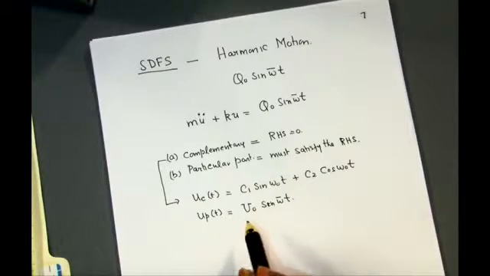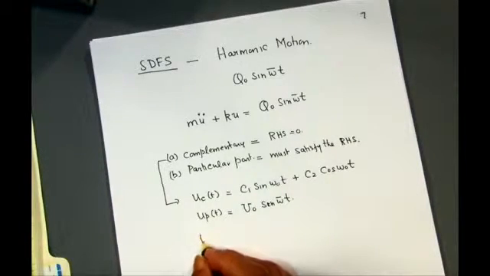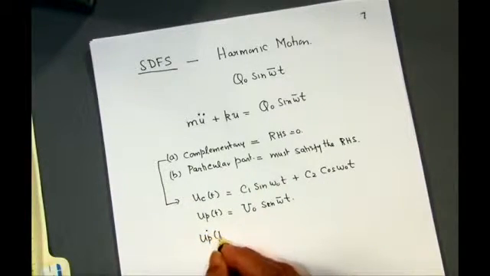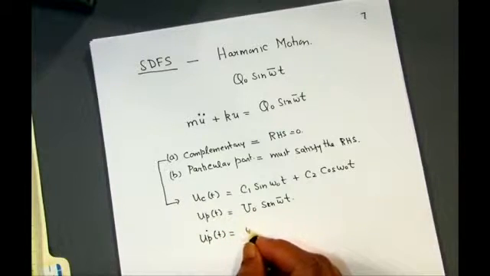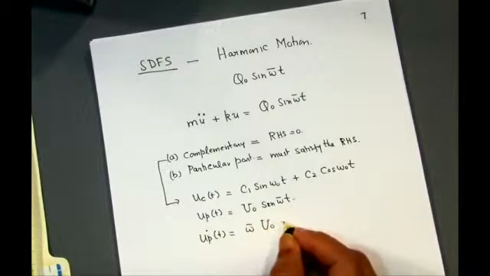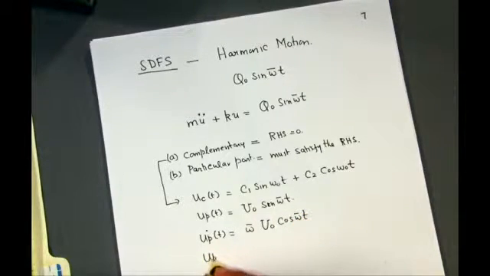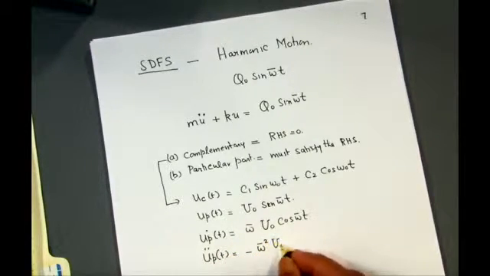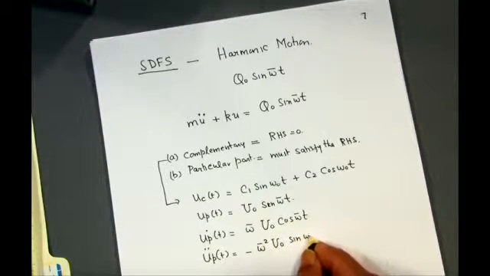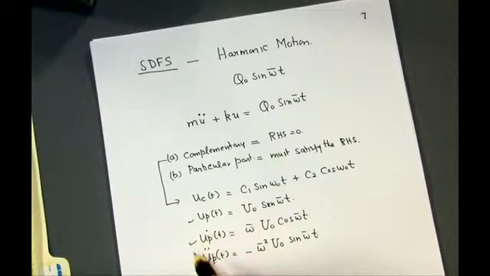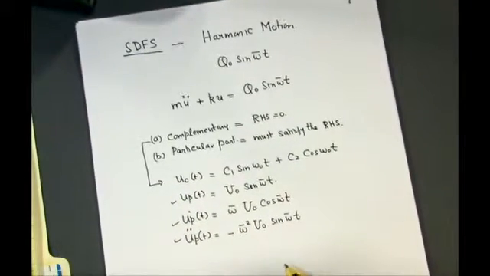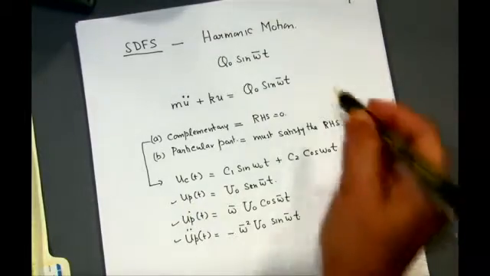So if we take this and now calculate the velocity part of that, we just differentiate it. So this will be omega bar u0 cosine omega bar t, and let's come up with the acceleration. Then it will be minus omega bar square u0 sine omega bar t. Okay. So I have displacement, I have velocity, and I have acceleration, and I am going to input these values in this equation.